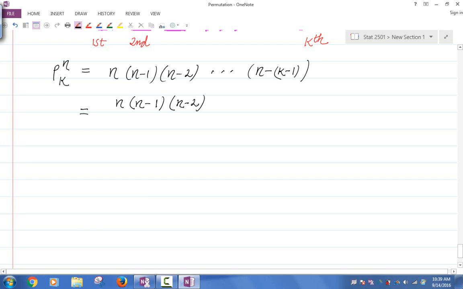To get n factorial, I have to multiply all the numbers from 1 up to n. So what numbers are missing? If I want to make this n factorial, what other numbers do I need to put in there?